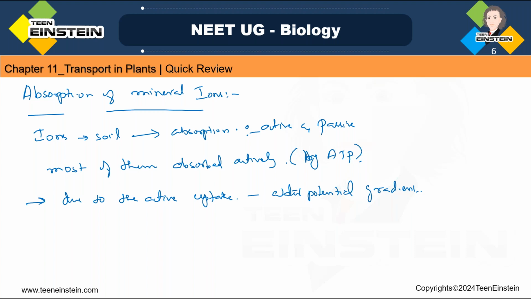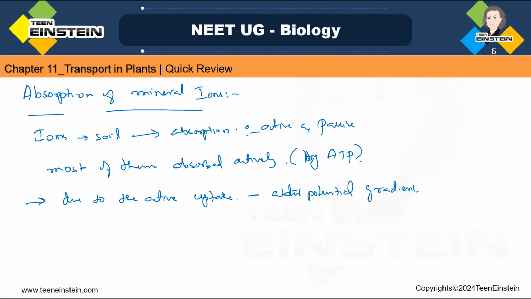That's how it passes to the xylem, and after reaching the xylem, further it gets transported to all parts of the plant, up to the stem, and through transpiration.